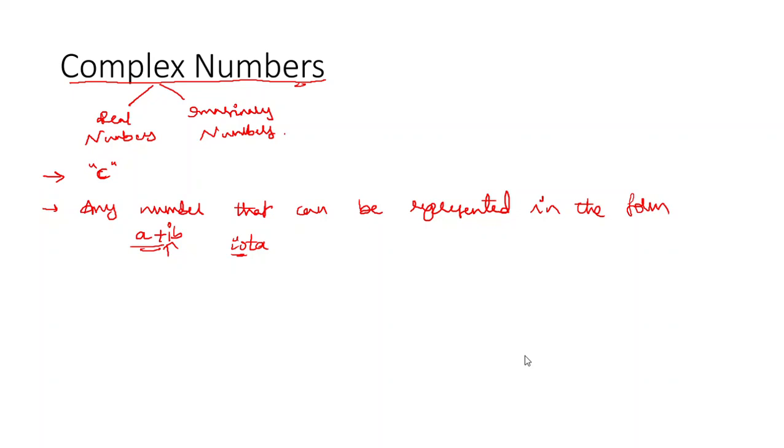In order to tell what a complex number is, it consists of all the numbers in this universe. Let's see how. We call this a the real part and this ib the imaginary part.